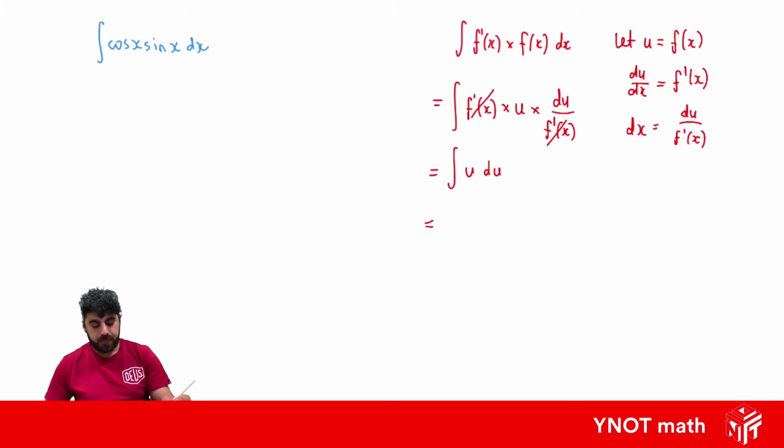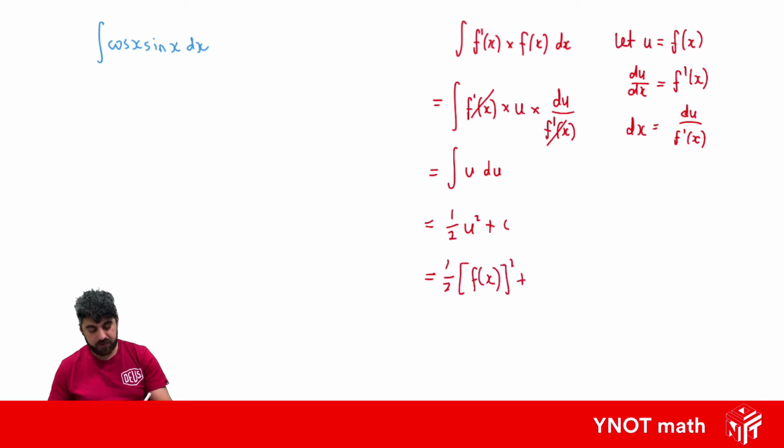And this is really easy to solve now, because we know we're just going to get a half u squared plus a constant. And we could go ahead and sub in our u as f of x to get it back in terms of x.